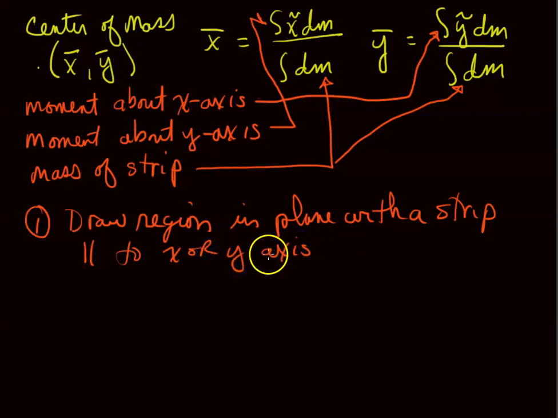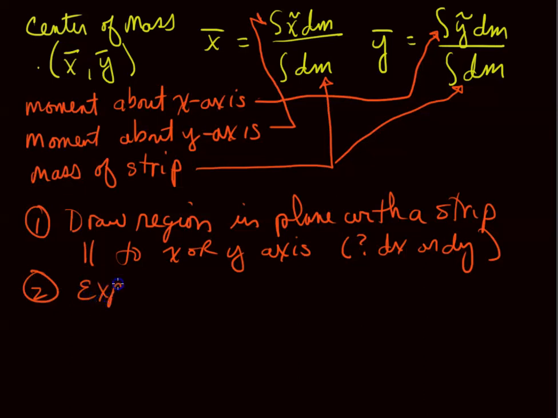And that may depend upon what you're given to help find this y tilde and x tilde, which way you're going to come up with a dx or dy. So you're thinking, do I use dx or dy? I think that can help tell you which way to go. And then you have to express the x tilde and the y tilde in terms of x and y.